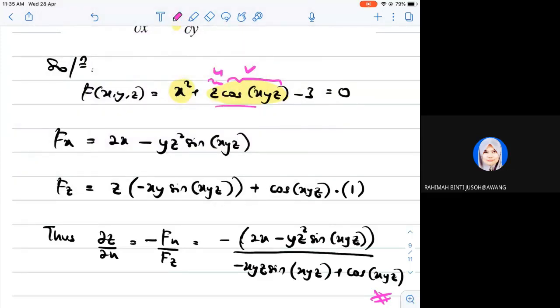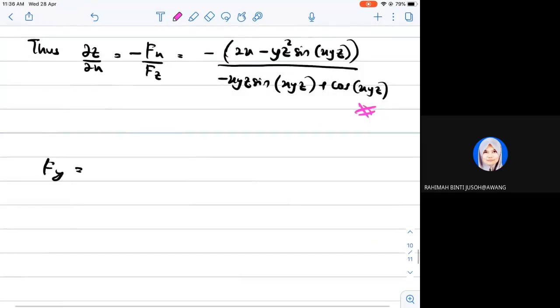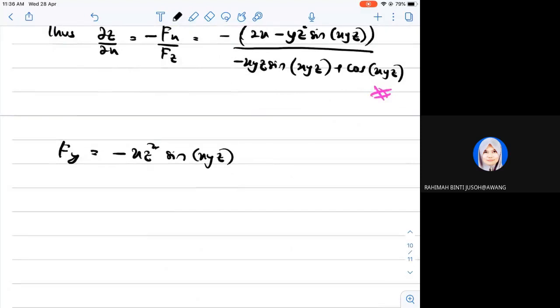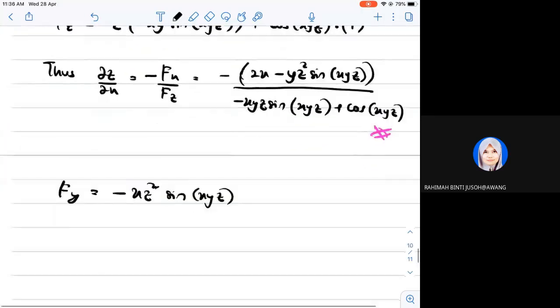Kita nak differentiate ni sekarang ni. So, apa yang bawa ke depan? Apa yang constant? X. Yes, very good. X dengan Z. So, X dengan Z bawa ke depan jadi negatif XZ squared sin XYZ. Negatif 3 dapat 0. So, FZ dah ada kat atas tadi. Just salin balik je.